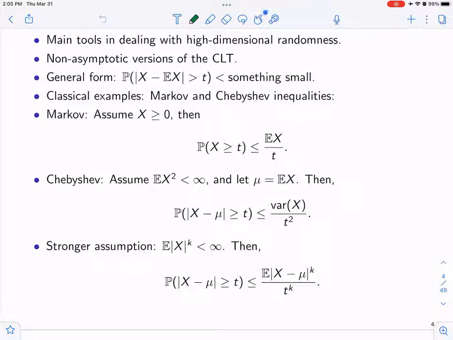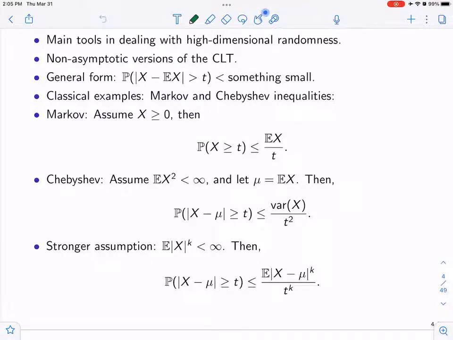It's a useless inequality, but there are no assumptions other than X being non-negative. And you can see that if it's finite, it gives you some form of decay of the tail. The tail at least has to go like 1/t. But if that's all you assume, that the expectation is finite, this is how far you can get. There are distributions for which the tail drops exactly like 1/t.